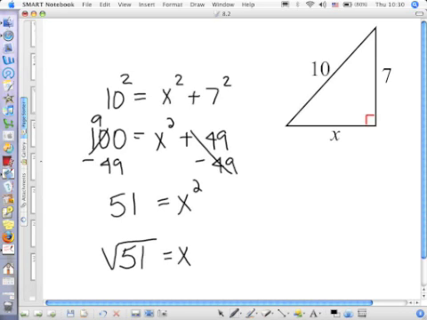Oh, we can reduce that. There's a perfect square in there. 51 is 3 times 21. No, it's not. I'm sorry. It's 3 times 17. Okay, 51 is good. That's all we can do. X is equal to the square root of 51.